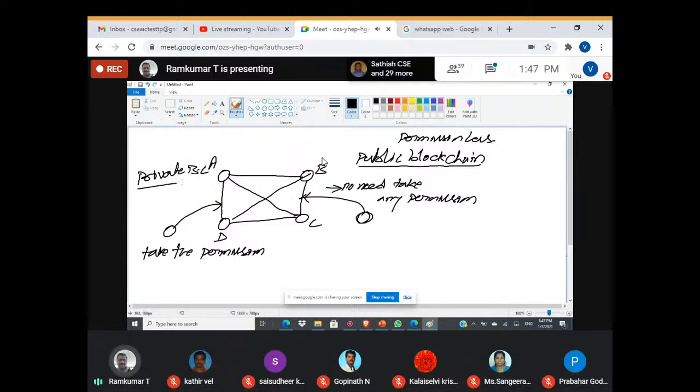Whenever I am talking about the private blockchain, there is a requirement of permission. If I want to add a particular node into the blockchain, I should take permission from the concerned authority. That is what we call a private blockchain. The example for the private blockchain is Hyperledger.